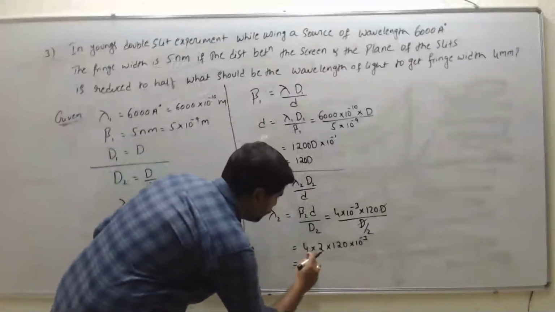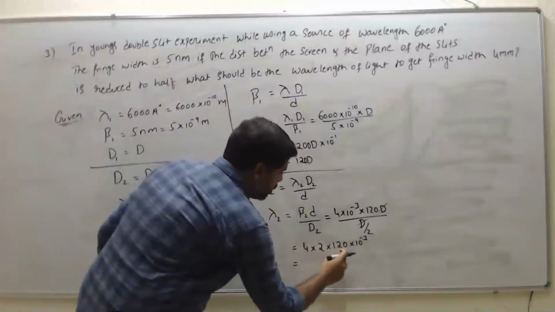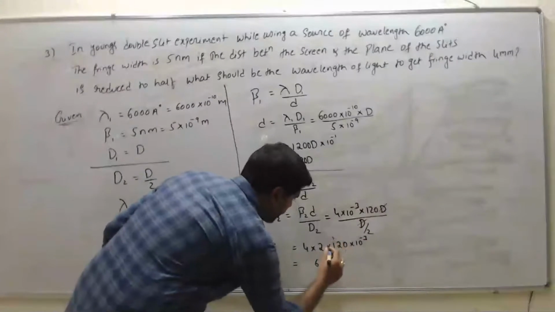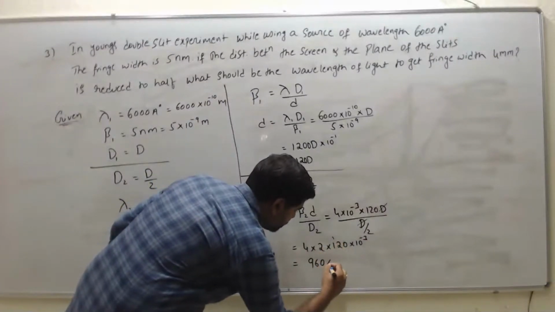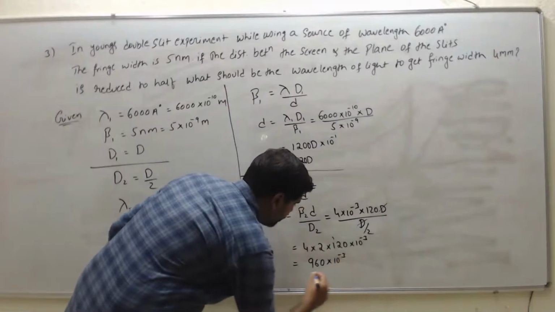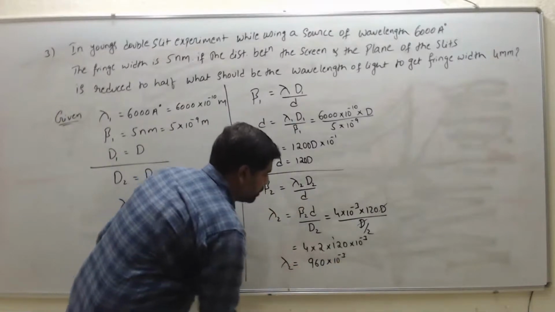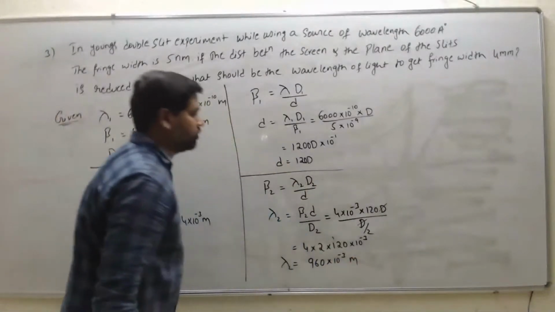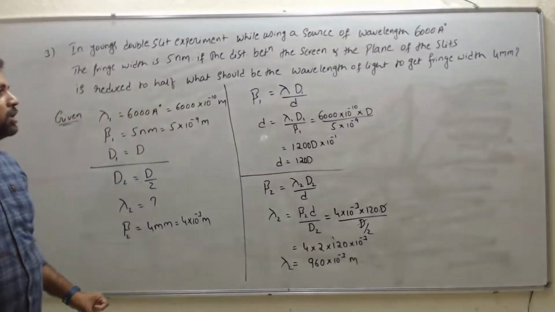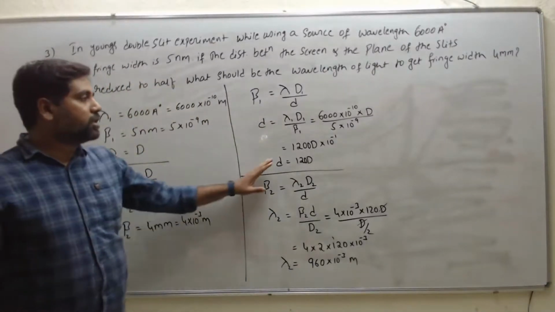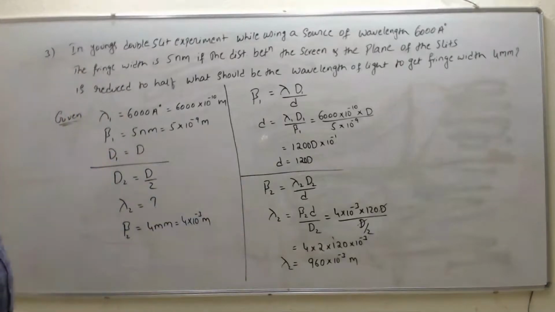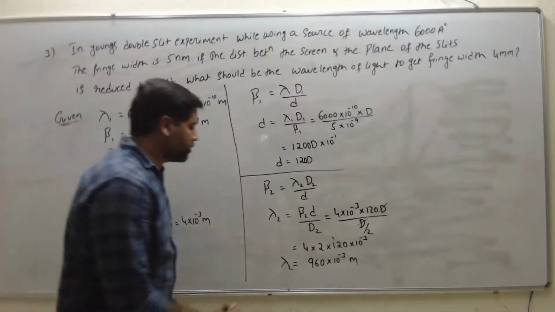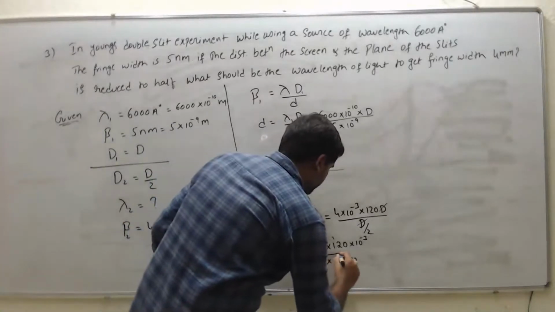That is 4 twos are 8, 8 times 120 is 960, so 960 into 10 to the power of minus 3 meter. So we get the wavelength of the light used.